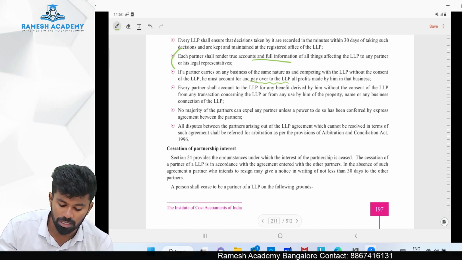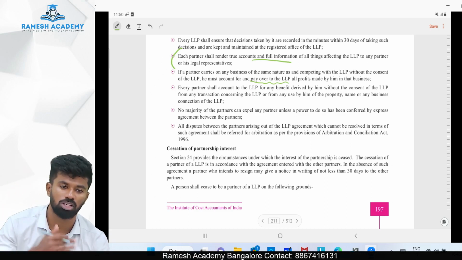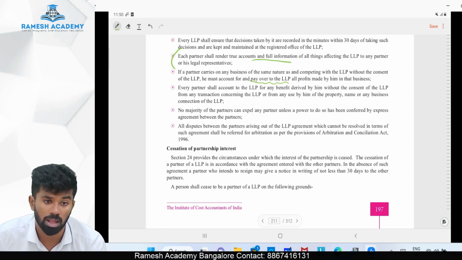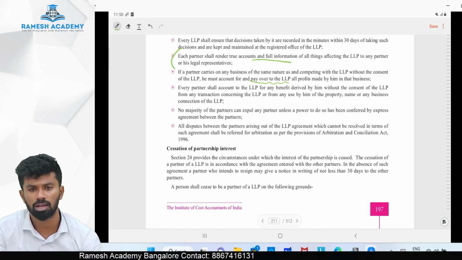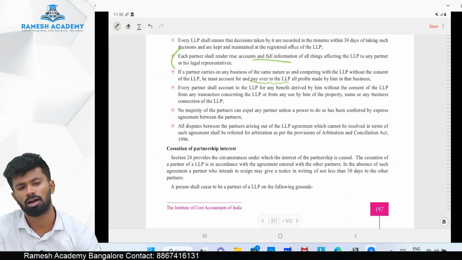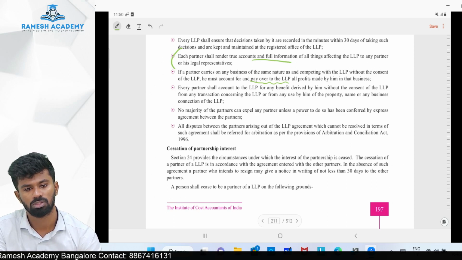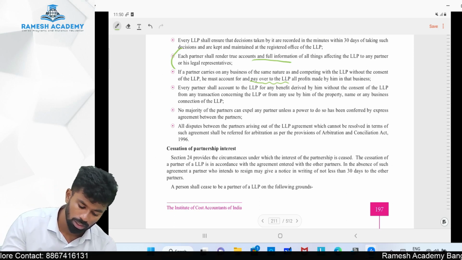And there can't be any expulsion of a partner. Expulsion means removal. Expulsion can happen only when there is a provision in the agreement. If the agreement is silent, the LLP Act, Schedule 1, provides you can't expel a partner. These are the rights and duties of the partners when the agreement is silent.